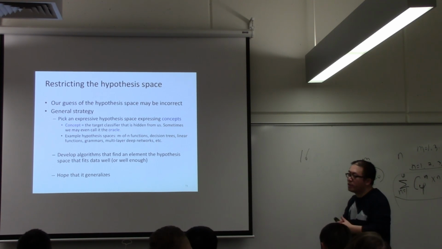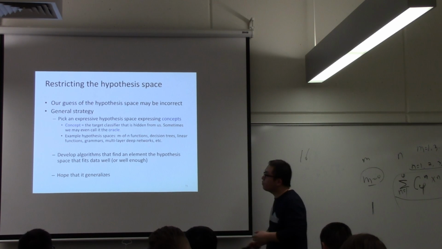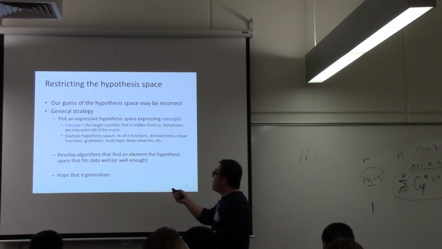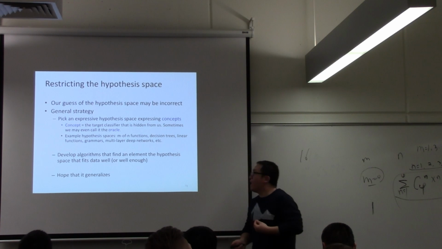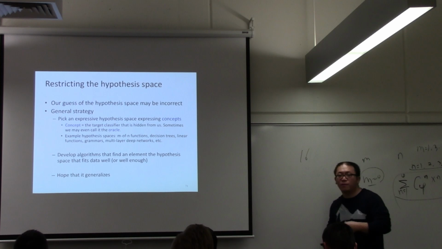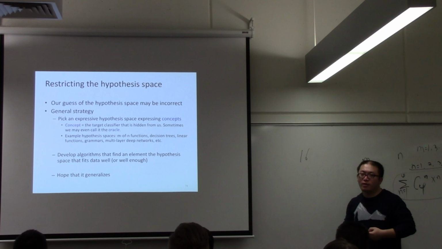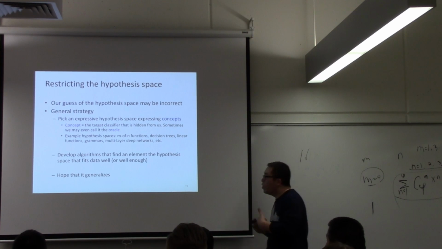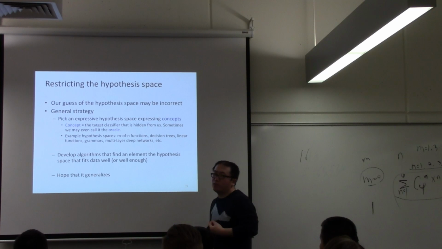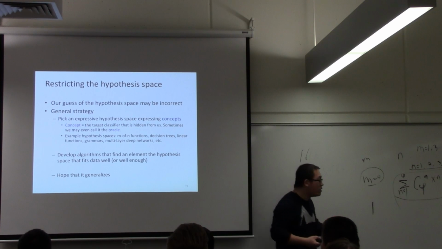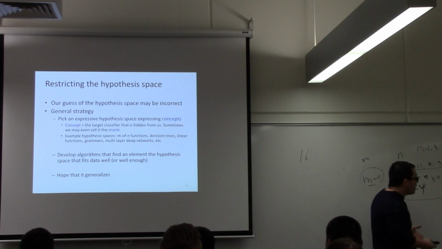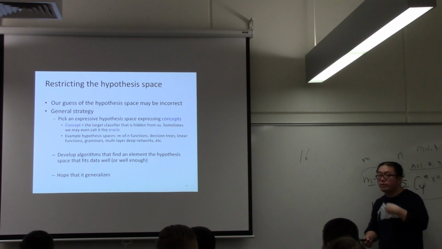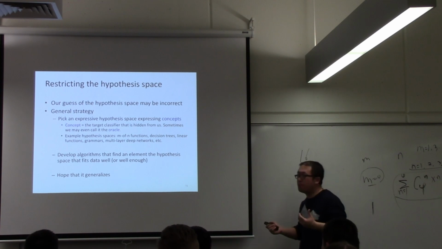Otherwise, our learning algorithm will not be feasible. Then we develop an algorithm that can find an element in the hypothesis space that fits the data well. Then we hope it can generalize well on unseen data. So this is the whole procedure by which we develop the learning algorithm.